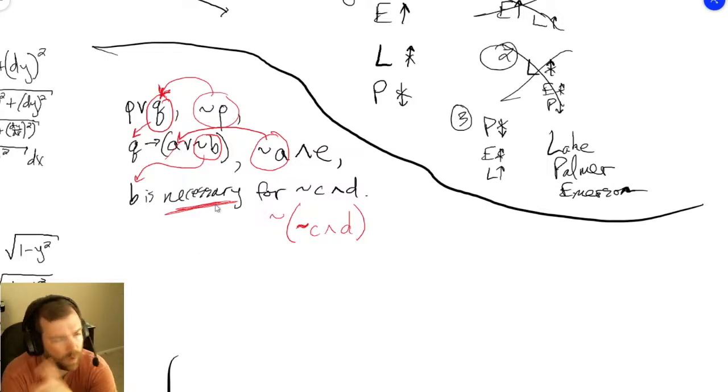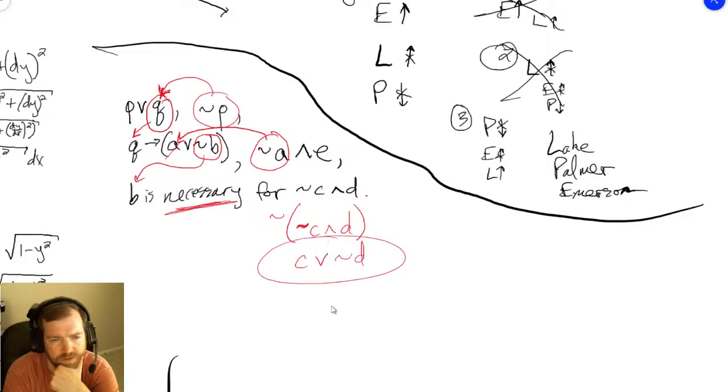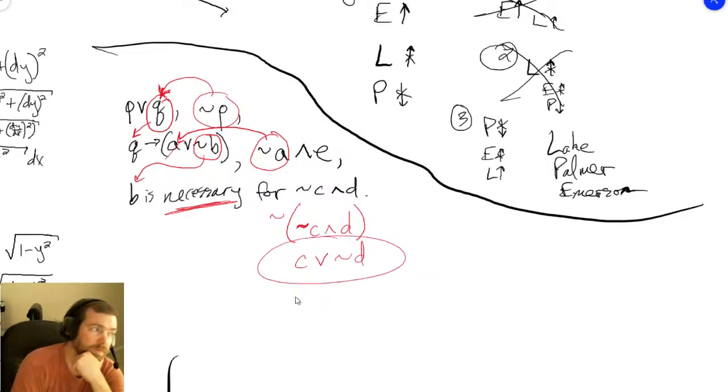If B is the only way we get not C and D, then not B is going to imply we can't get not C and D, therefore we must get the opposite of not C and D. So not C and D. So yeah, this is going to be C or not D. C or not D. Okay.